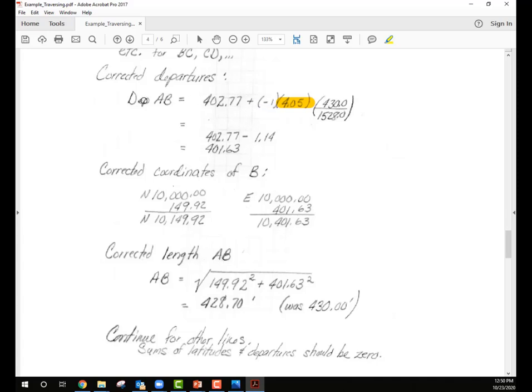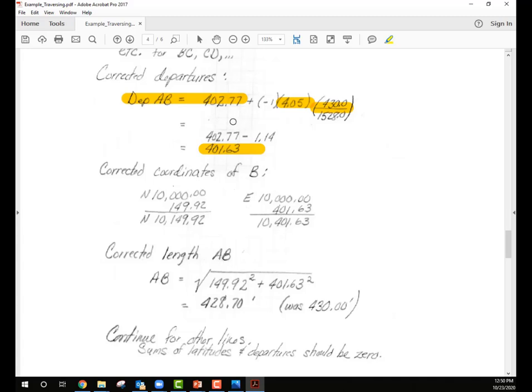I take a departure at AB, I need to make a correction in total of 4.05 feet in this whole traverse, and I'm going to prorate that according to the length of that side divided by the perimeter of the traverse. That gives me the adjustment for each of those latitudes and departures.